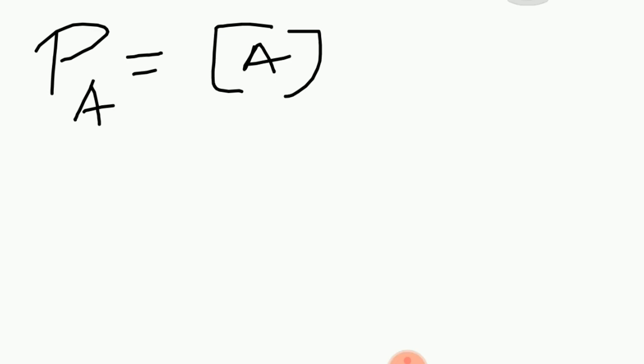Now let's rewrite each partial pressure like this. PA will be equal to concentration of A into RT, in accordance with the above equation we derived. So similarly we can write with other gases.